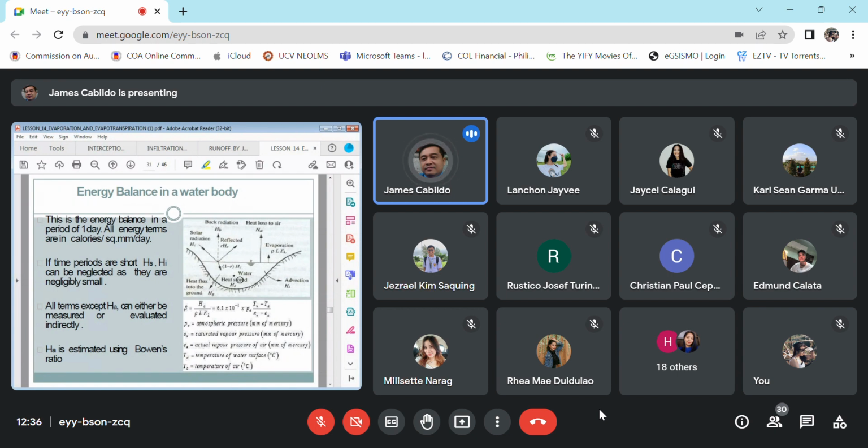So we can see there the incoming and outgoing. Since this is an energy balance, we just balance everything that came in minus everything that went out equals the change in storage. Then we can always rearrange the equation. So that's how energy balance is done in determining the evaporation.